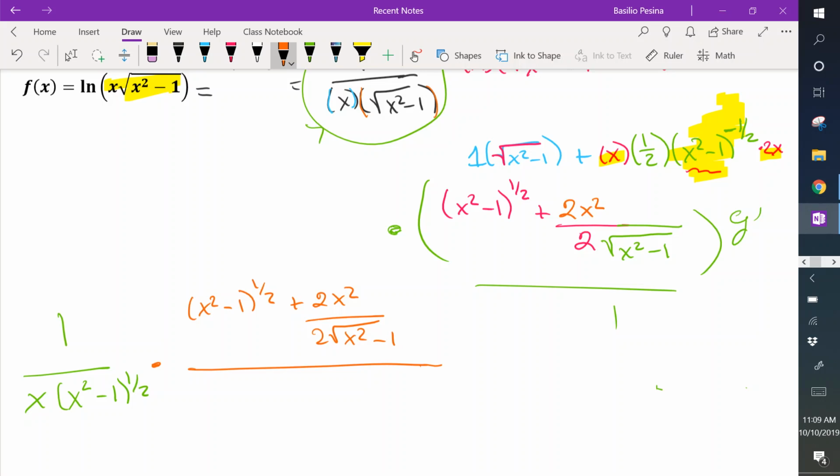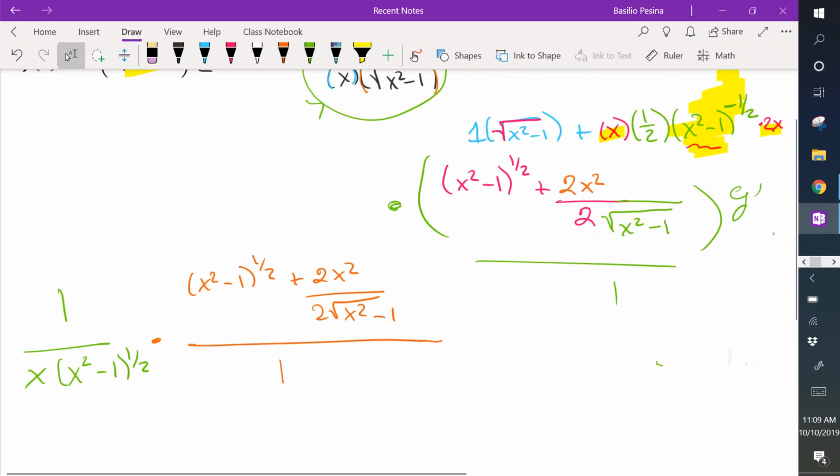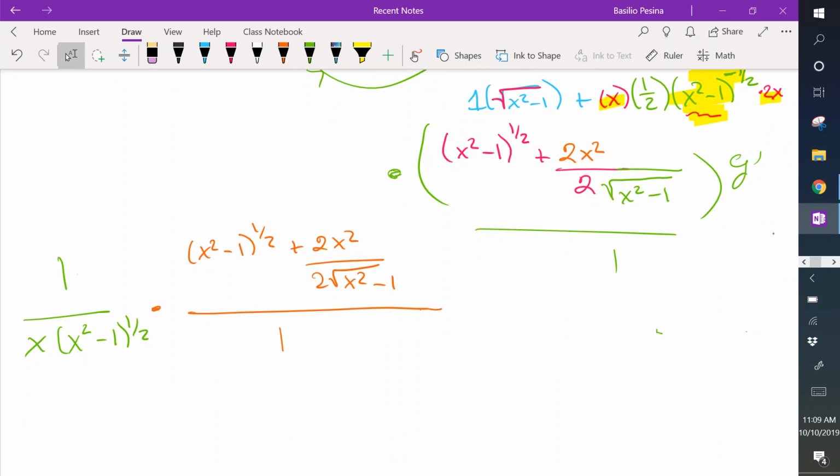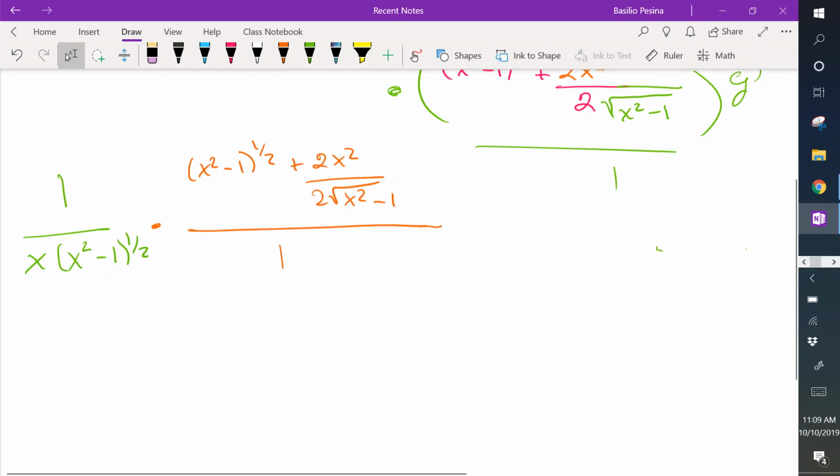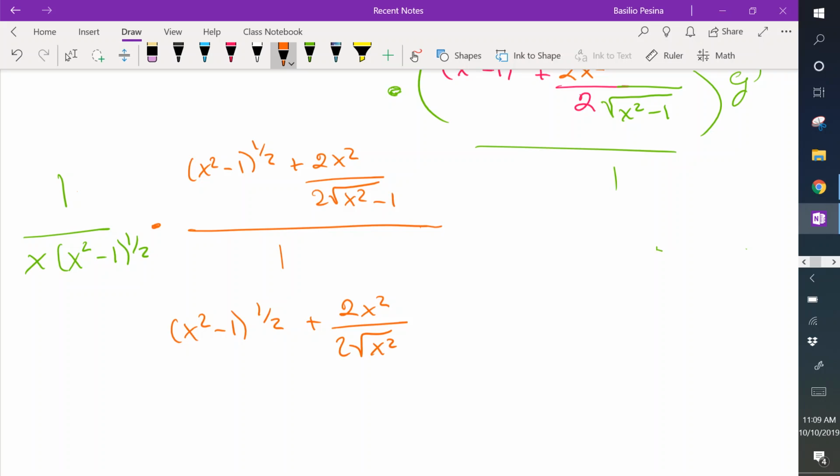Awesome. So if we rewrite this and we combine the like terms, because it's going to be 1 times this and this times 1, I can see that my new numerator is going to be this right here, x squared minus 1 to the 1/2 plus 2x squared over 2 square root of x squared minus 1 divided by x squared minus 1 to the 1/2.